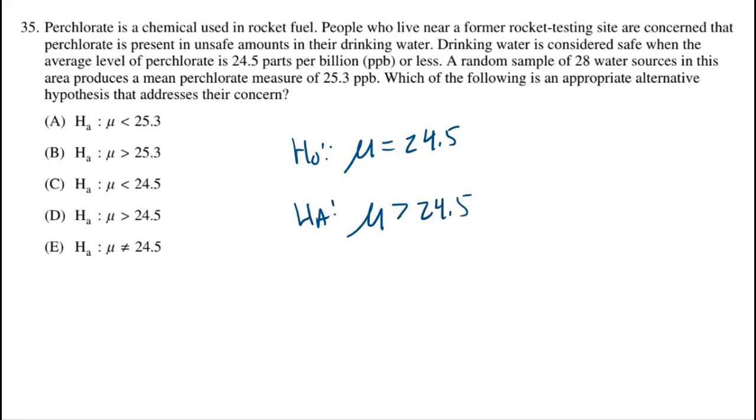They're not going to be concerned that it's unsafe if it's less, because less than 24.5 is safe. They're only going to be concerned that it's unsafe if it's more than 24.5. So that's going to be our alternative hypothesis, choice D. Hopefully that was a nice and pretty simple one.